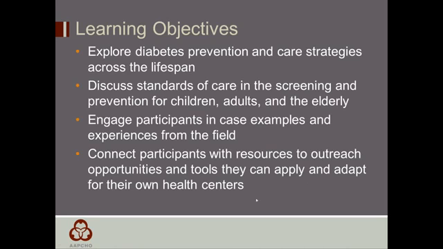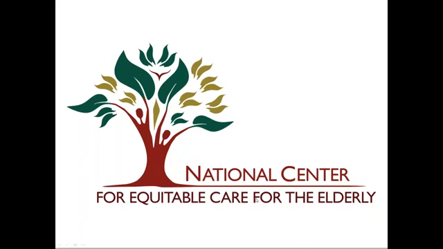To give you a little bit of background information about the different organizations who are part of today's webinar, the National Center for Equitable Care for the Elderly aims to improve the health care of older adults age 65 and above by providing training and technical assistance to community health centers and lookalikes committed to improving health care delivery for the older adult population.